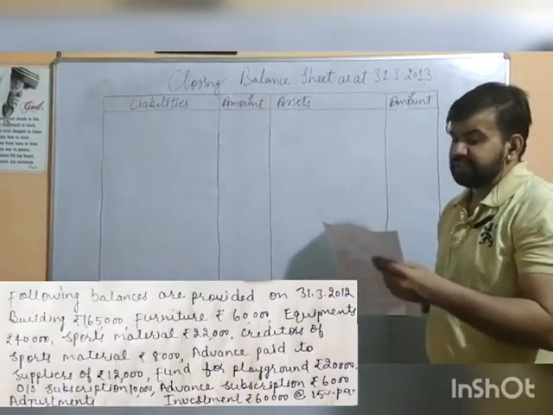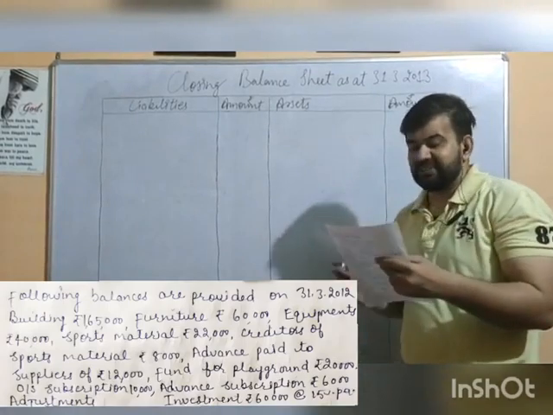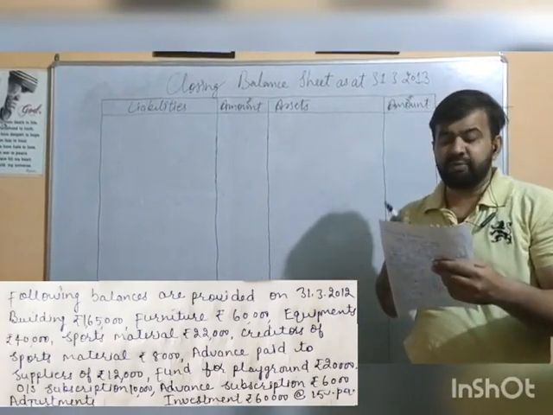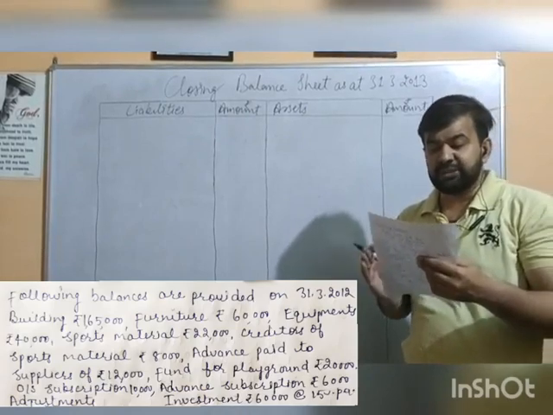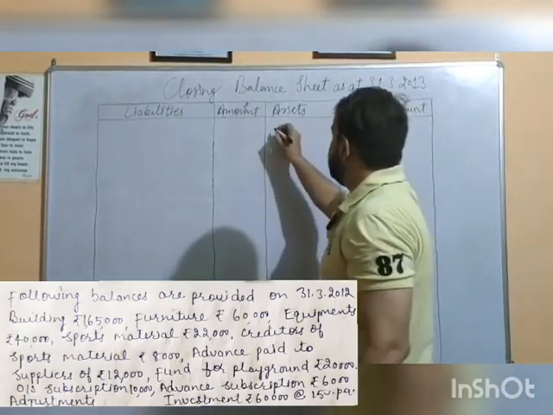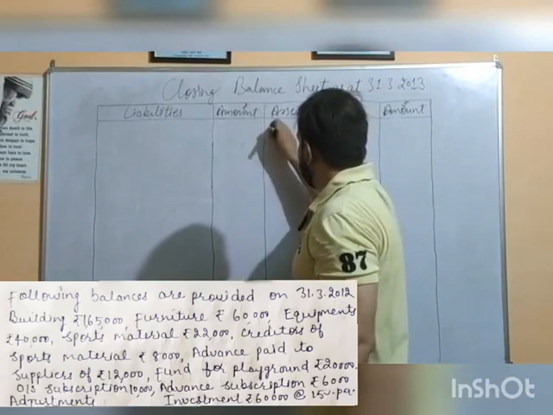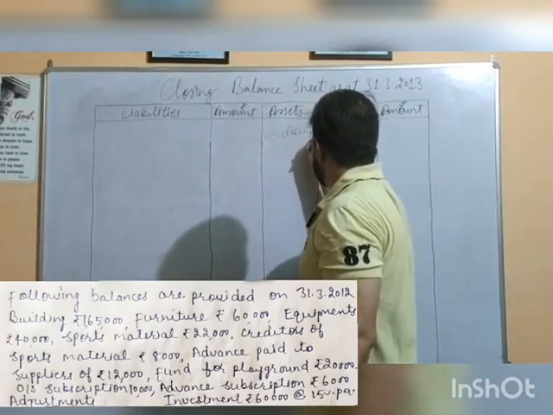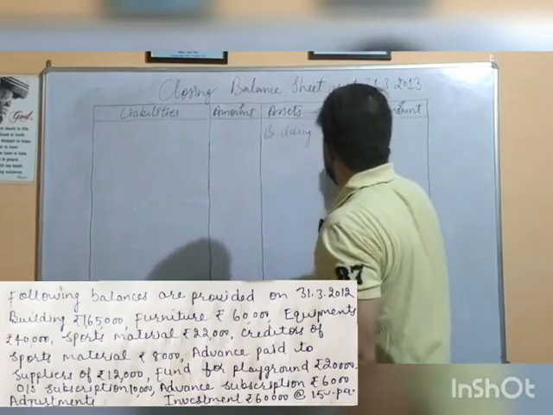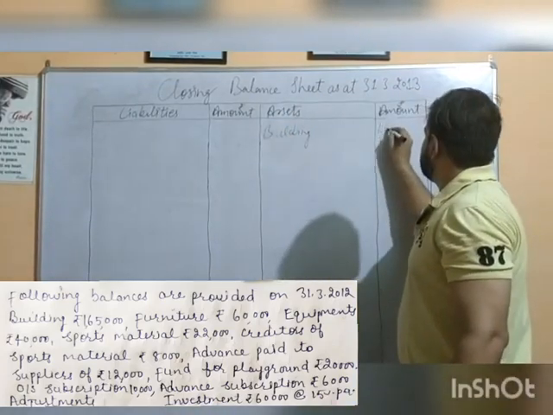In our opening balance sheet, we are having building rupees 1,65,000, and during the year we have not experienced any kind of change in the form of sales, purchase or depreciation on building. So we will write here as it is. Building rupees 1,65,000.